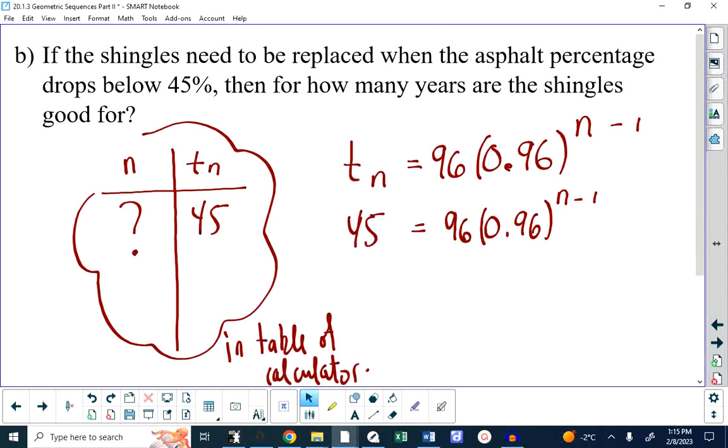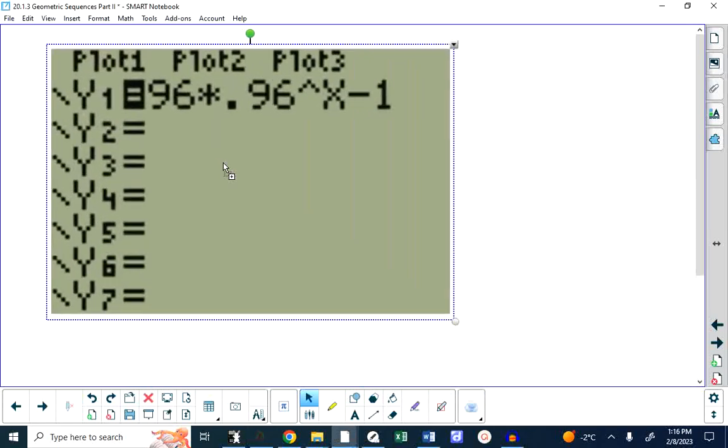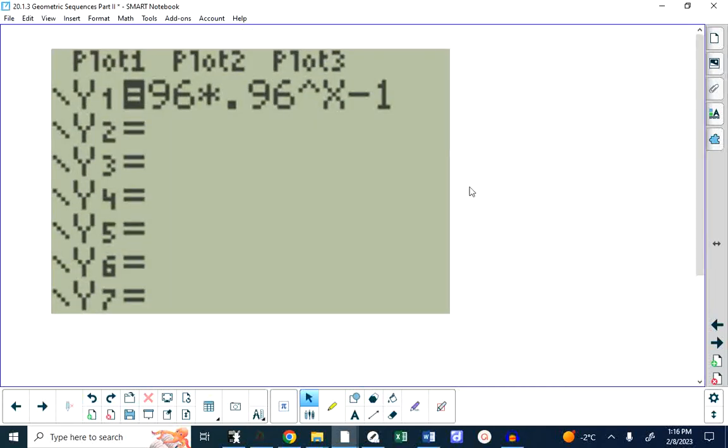Now, why will what I've just entered not work? What's wrong with how I've entered that? Yeah. The x minus 1 needs to be in brackets. Exactly.